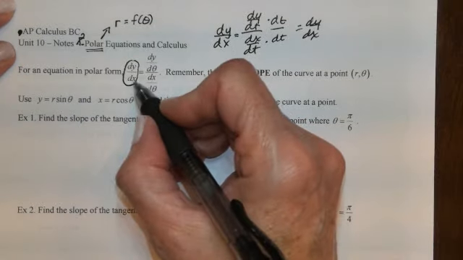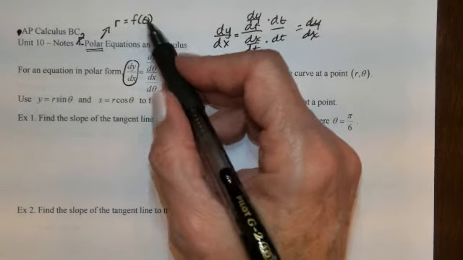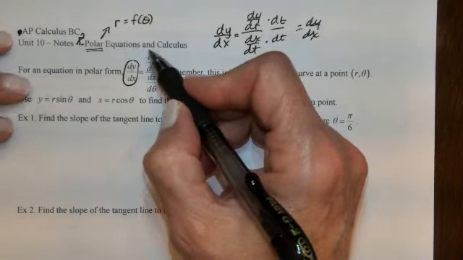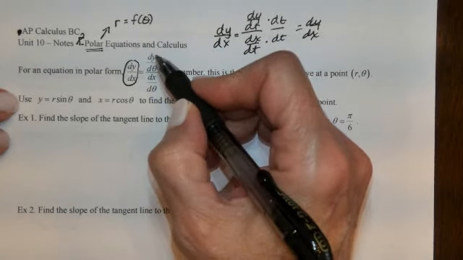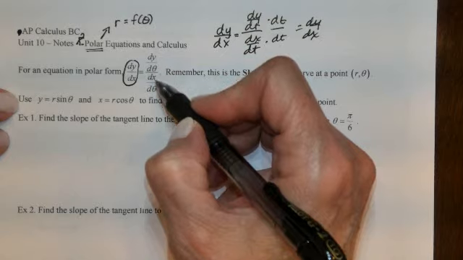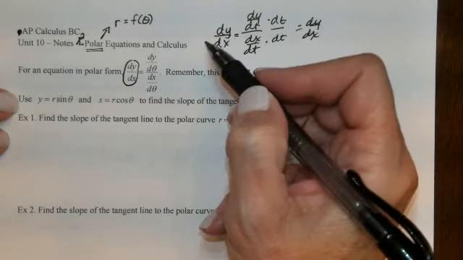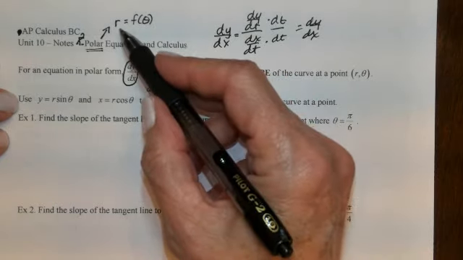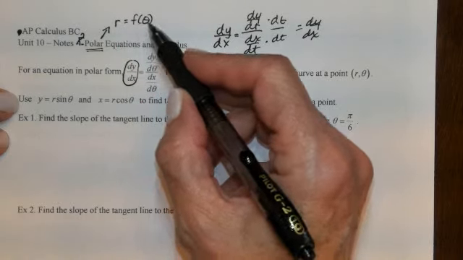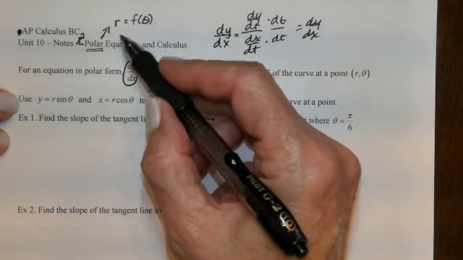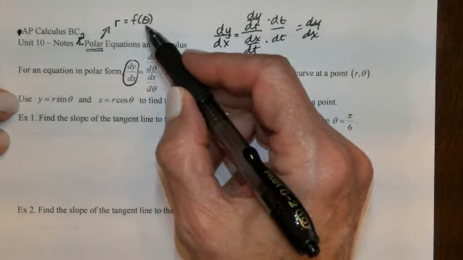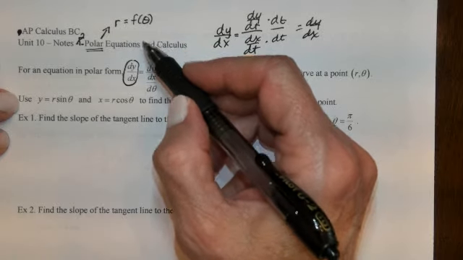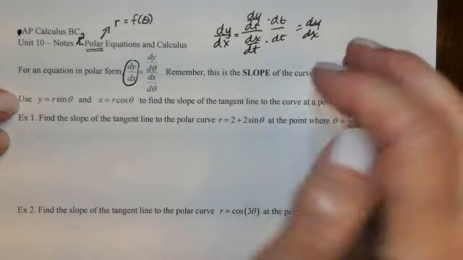So dy dx, since theta is our independent variable, we're going to need dy dx to be dy d theta over dx d theta. All right? Now, we're going to have an equation with r as a function of theta, not y and x as functions of theta, right? So how are we going to get y and x involved?